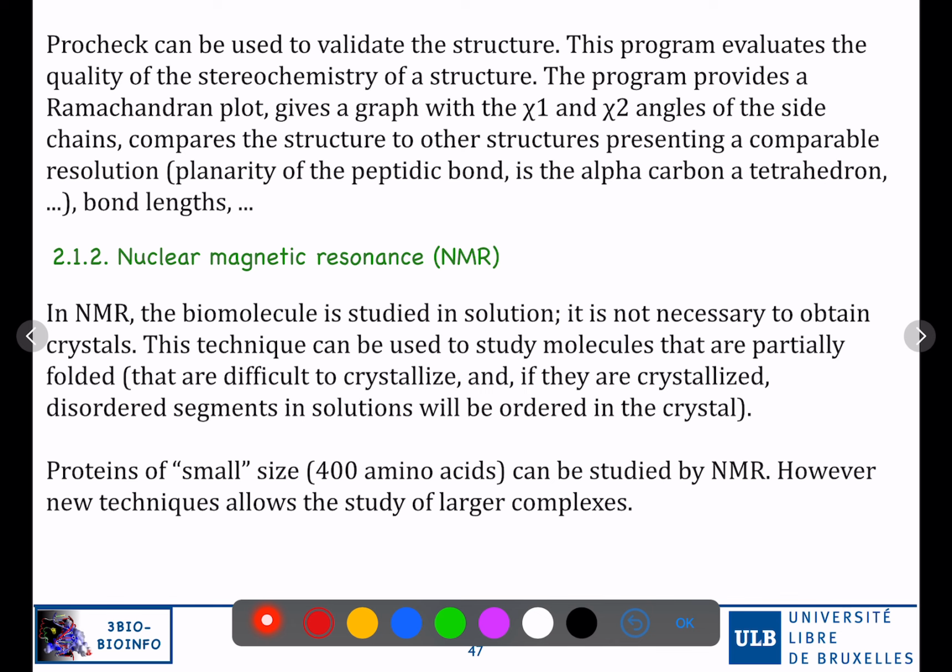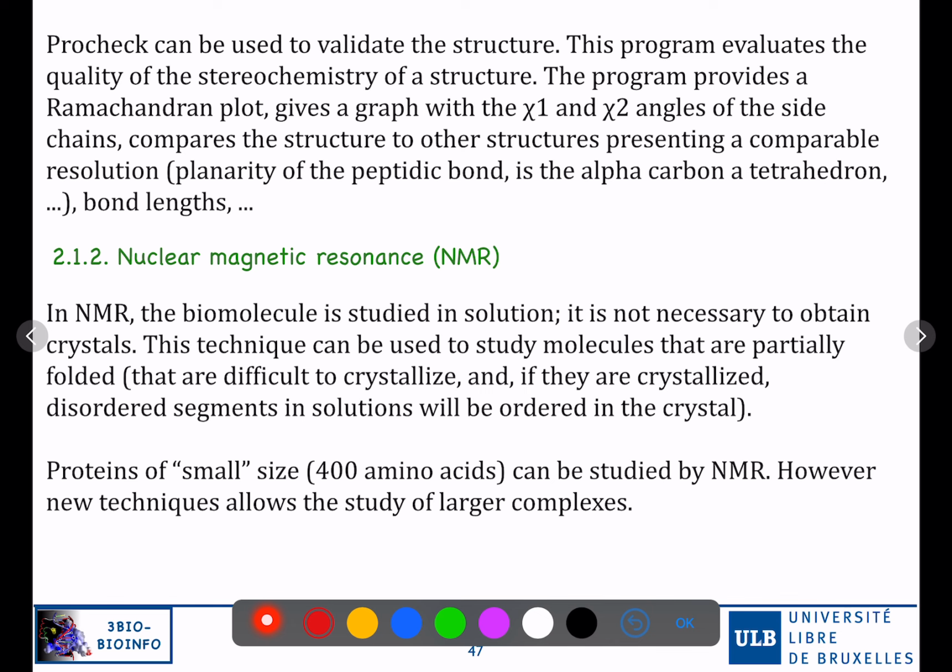So in this case, it's not necessary to first obtain a crystal for the protein. This is really an advantage because the molecule is directly in solution.